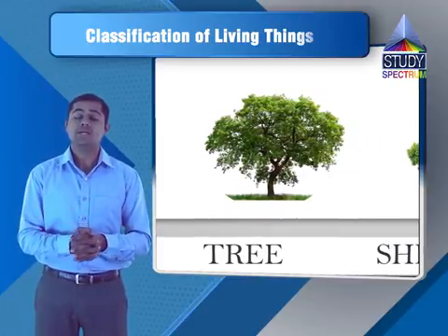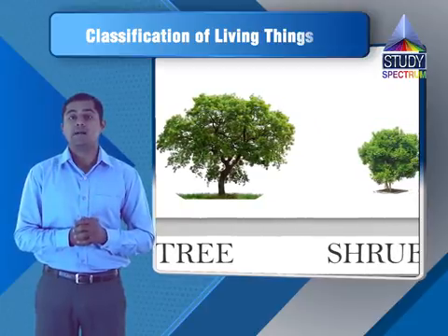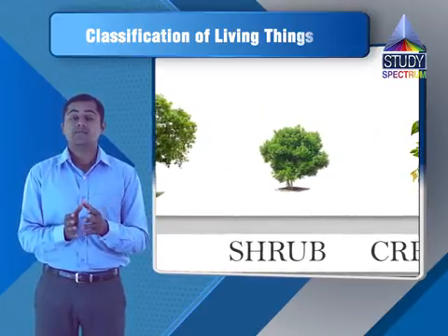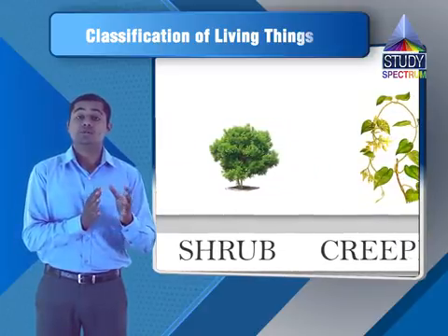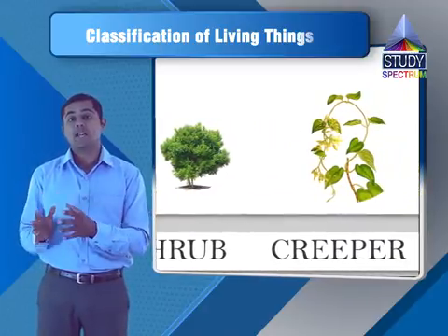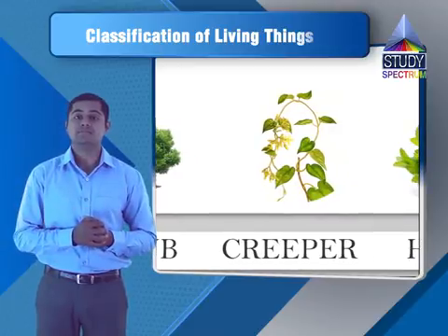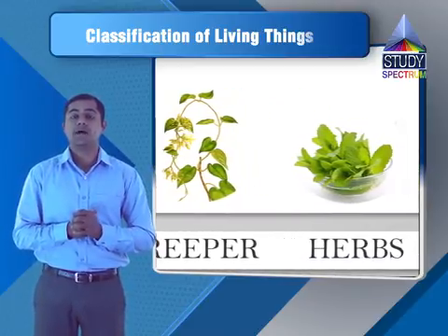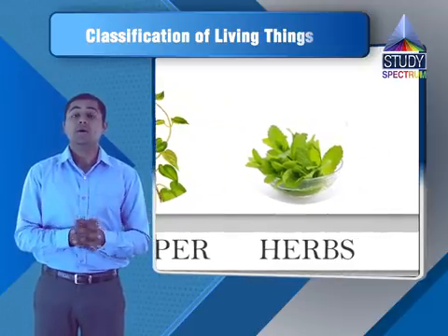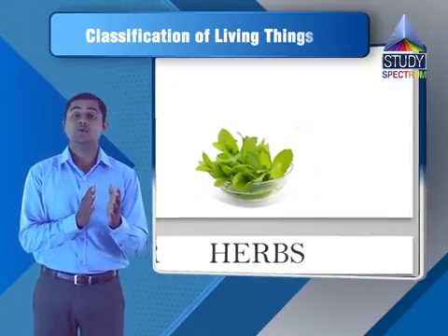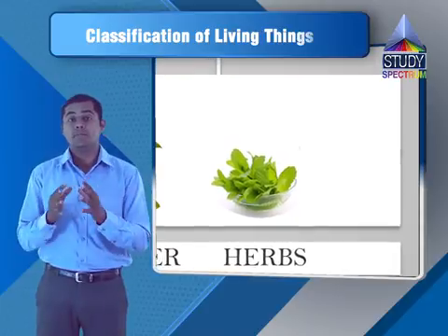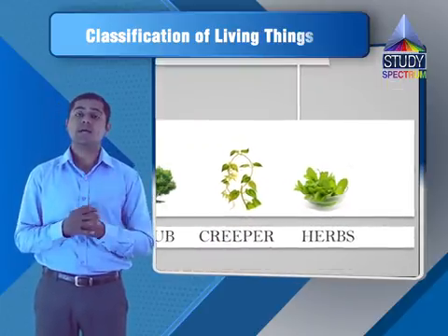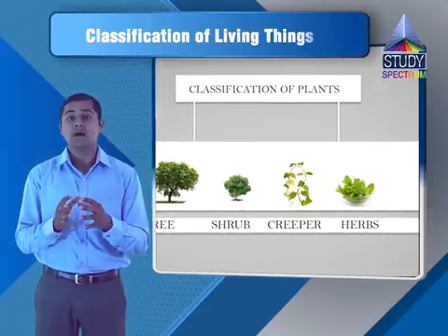On the basis of the height of the plant and the stem size, stem type, we can classify plants into trees, shrubs, climbers and herbs. On the basis of lifespan of the plants and their life cycles, we can classify plants into perennial plants, biennial plants and annual plants. Let's see about the criteria to classify the animals.